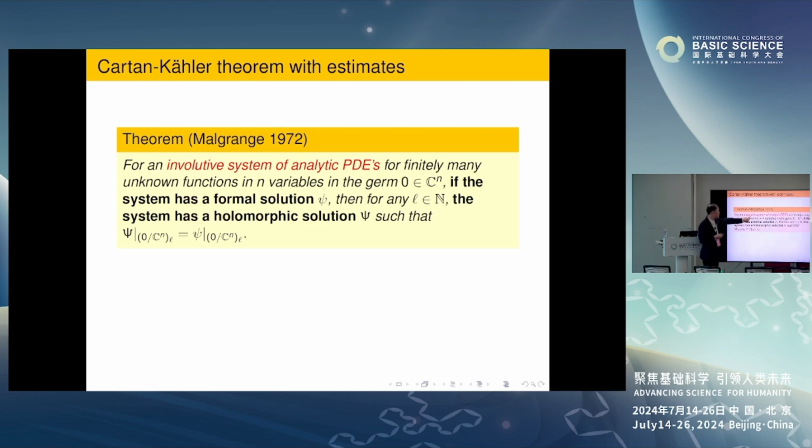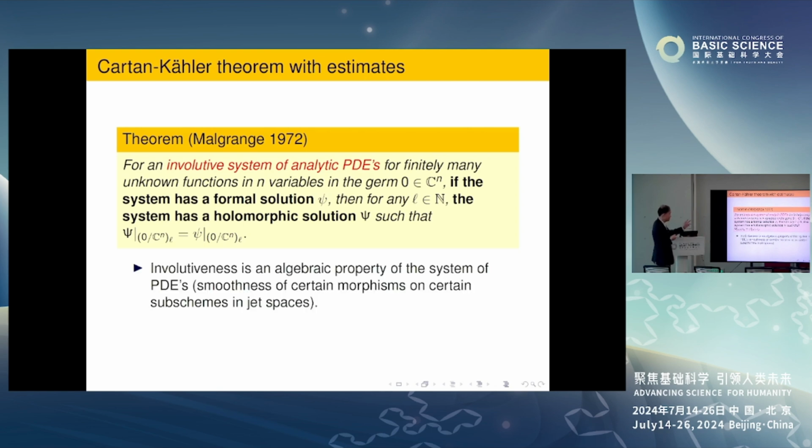Now the issue is, what is this condition, this involutivity? This is a very complicated algebraic property of the system of PDEs. It can be expressed in terms of smoothness of certain subschemes in J space. So it's an algebraic property of the system, but usually very difficult to check.